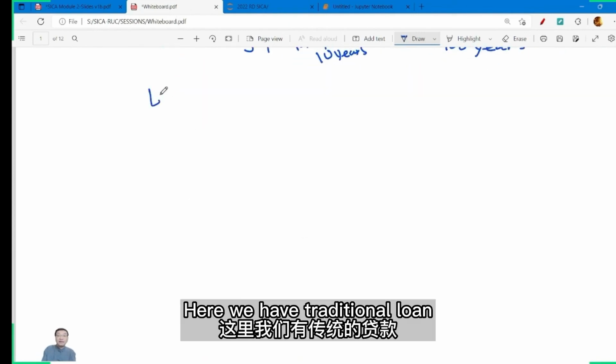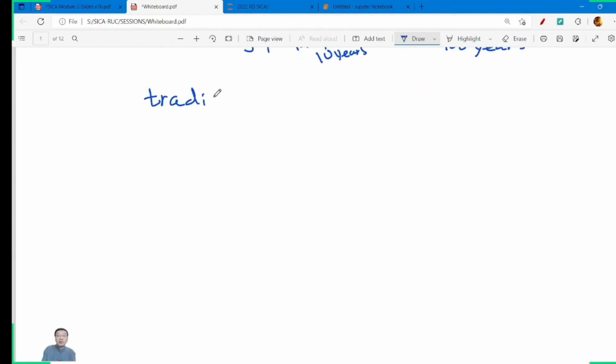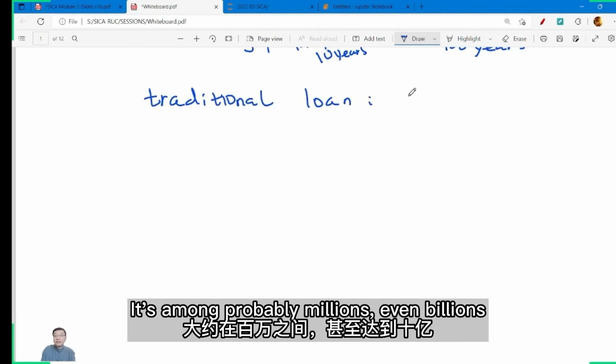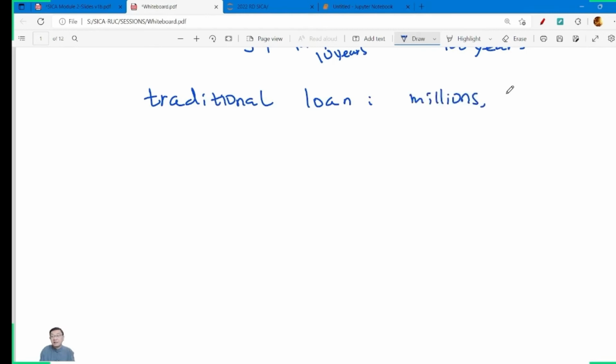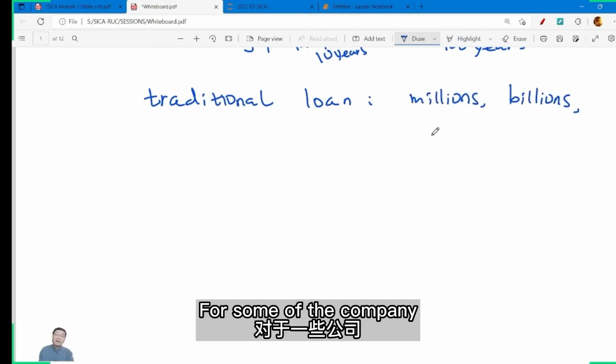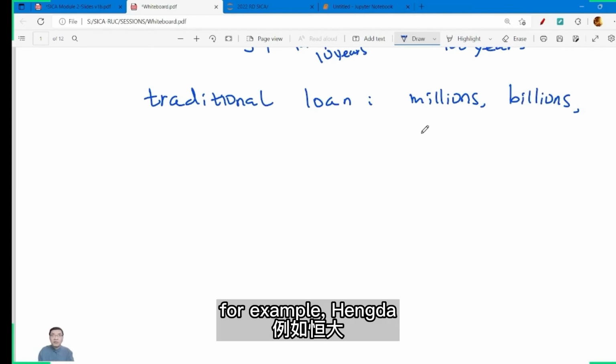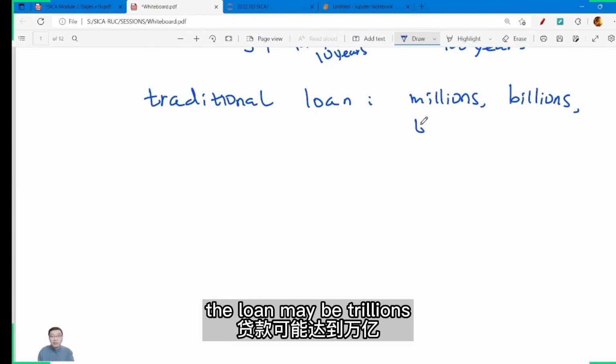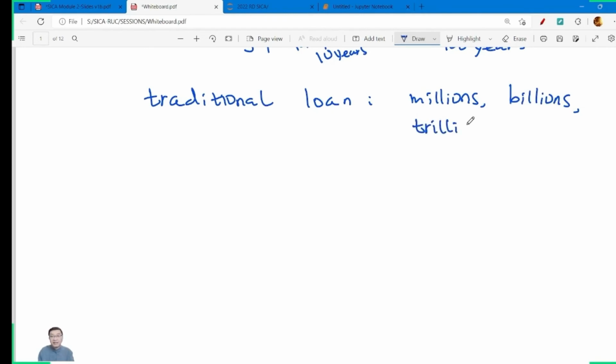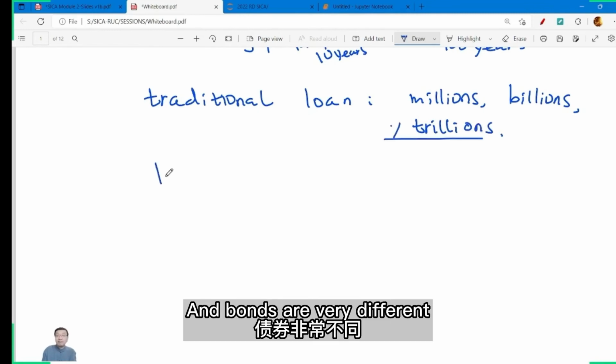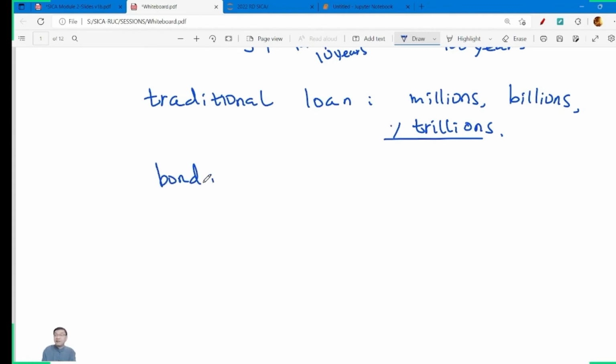Here we have the traditional loan. Its amount is probably millions, even billions. For some companies, for example Hengda, the loan may be trillions. And bonds are very different.